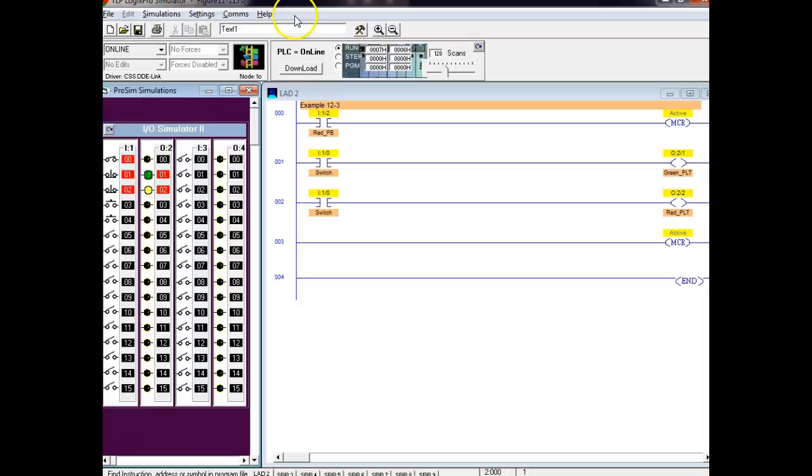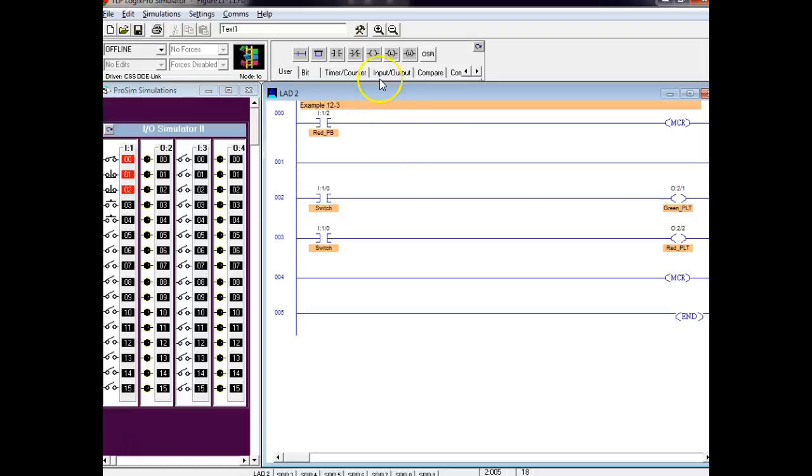Now let's see what happens with a latch, because I think retentive contacts stay true. So we'll put this on a switch down here.